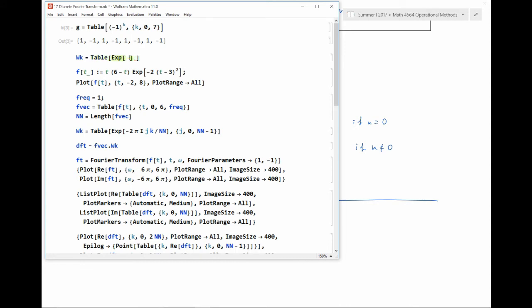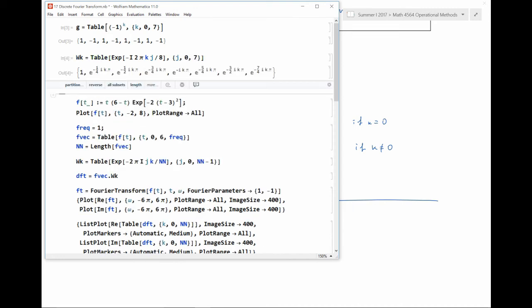So it's minus i times 2 pi k times j divided by capital N, which is 8, and j will go from 0 to 7. And then I will need to have a dot product of g with w_k.